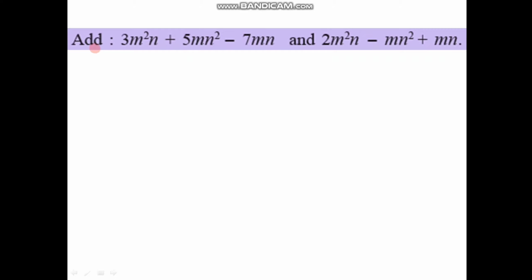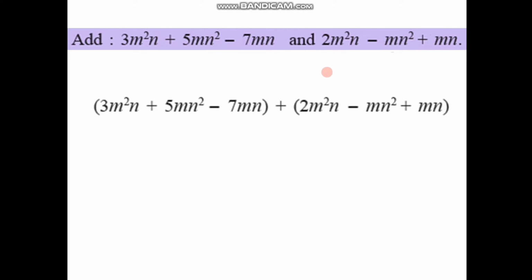The problem is add 3m square n plus 5mn square minus 7mn and 2m square n minus mn square plus mn. To start with, we have to take the first polynomial, that is 3m square n plus 5mn square minus 7mn, and we have to add the second polynomial to it.